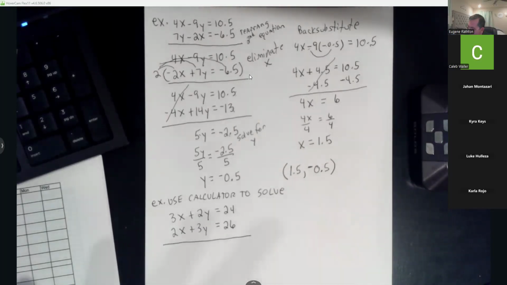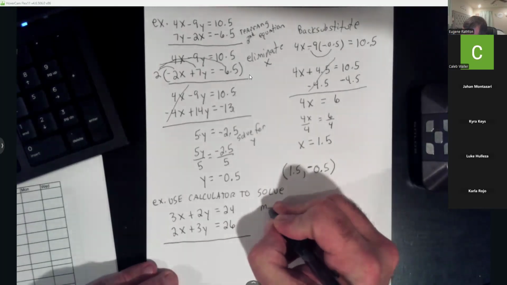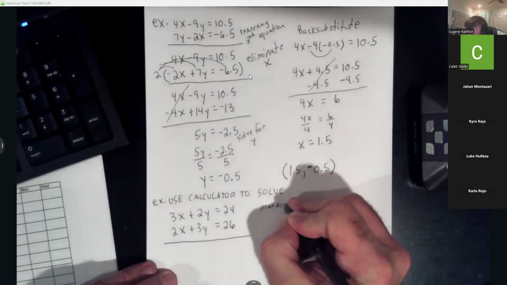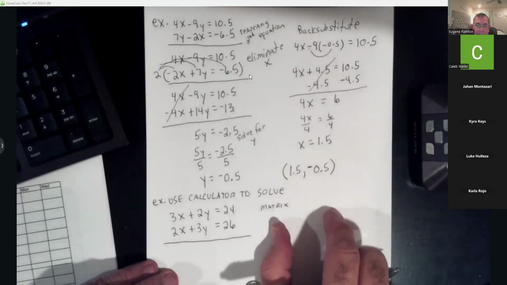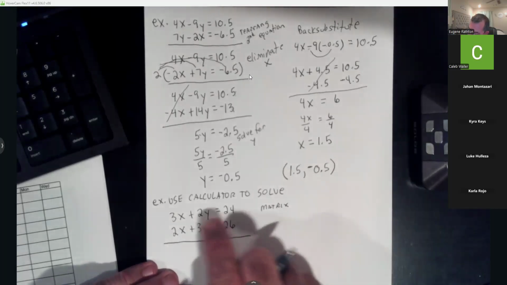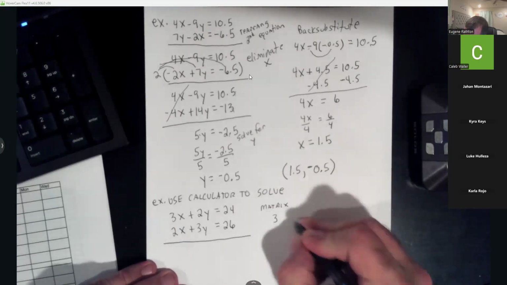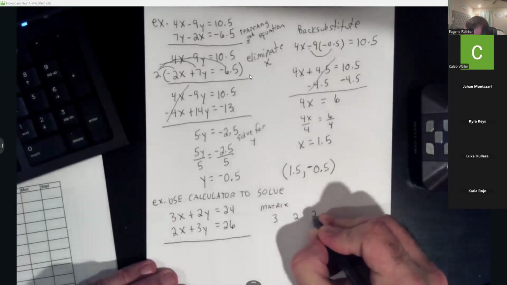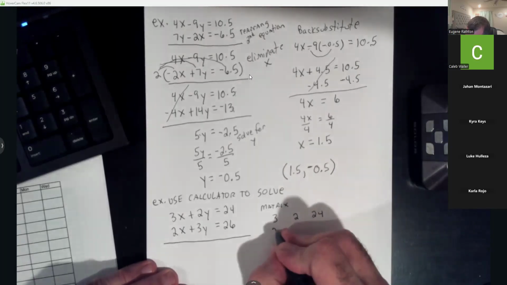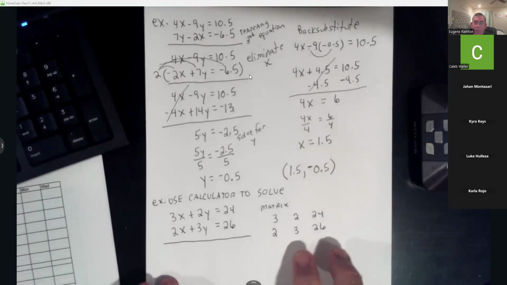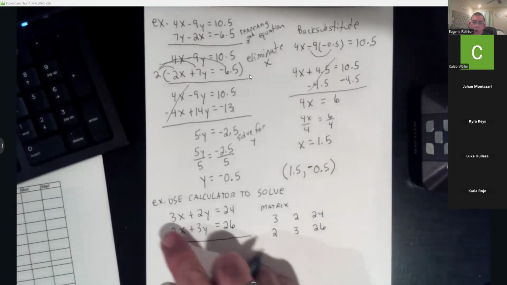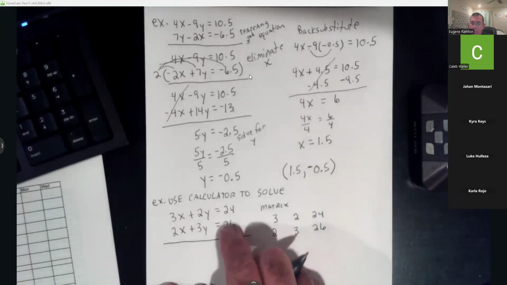All right, so on the calculator, I'm going to be using what we call a matrix. Okay, so I'll show you how to get into that. And in the matrix, we only put the numbers. That's why when we do the matrix, it's really important that they got to be in the same order.